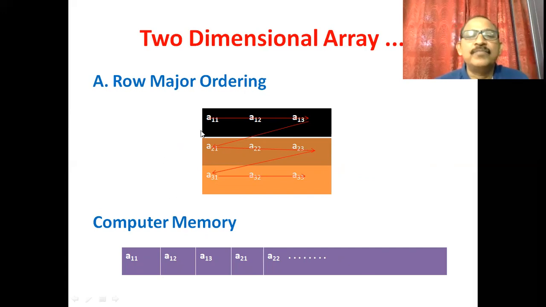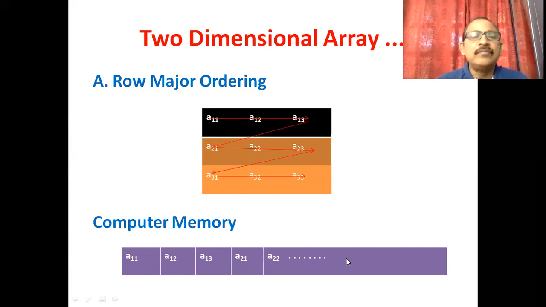Here you can see the first row is stored in the computer memory: A11, A12 and A13. Next we store the second row of elements: A21, A22, A23.